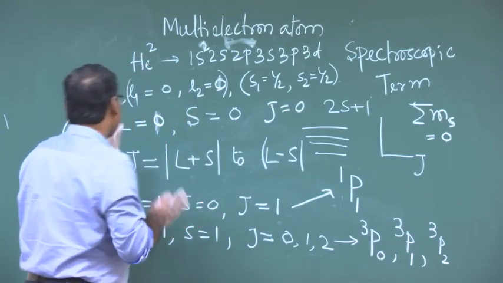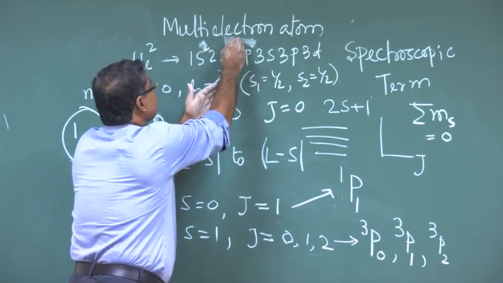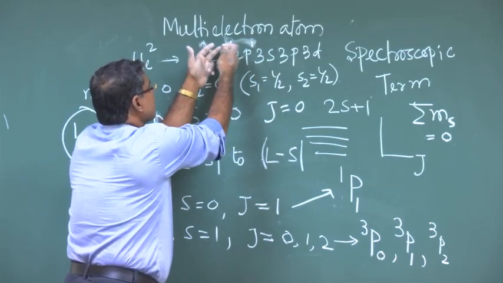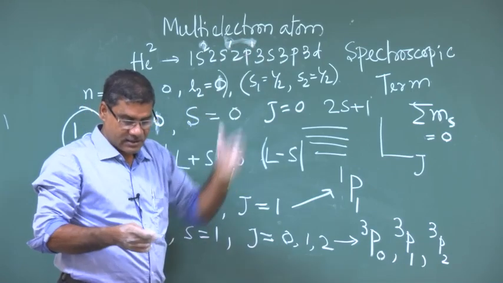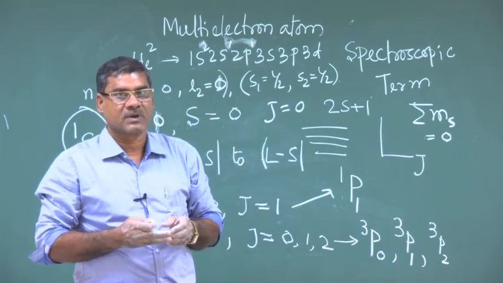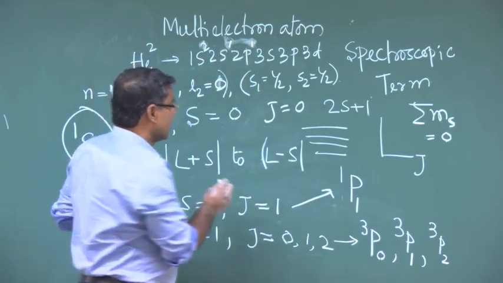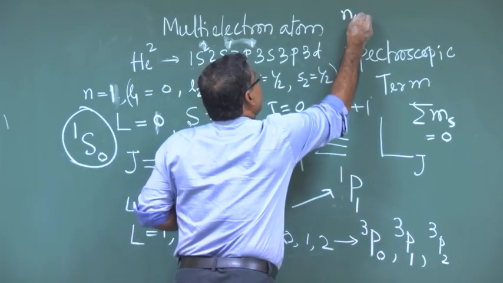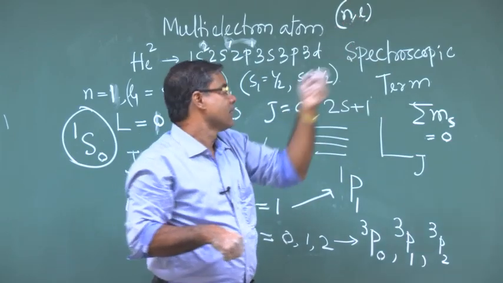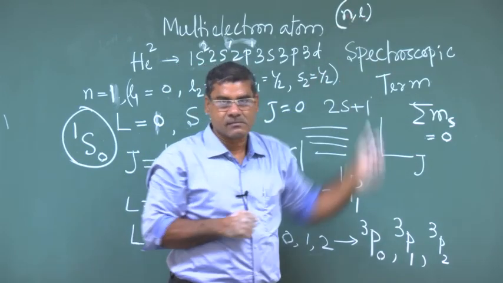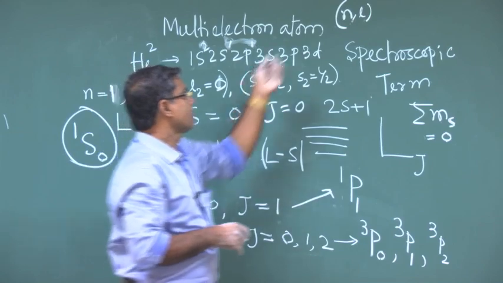Now, an important thing I showed you: when this is the configuration, and another configuration of two electrons is this, we call this non-equivalent electrons. The definition is that if nl of two electrons are different, they are called non-equivalent electrons.